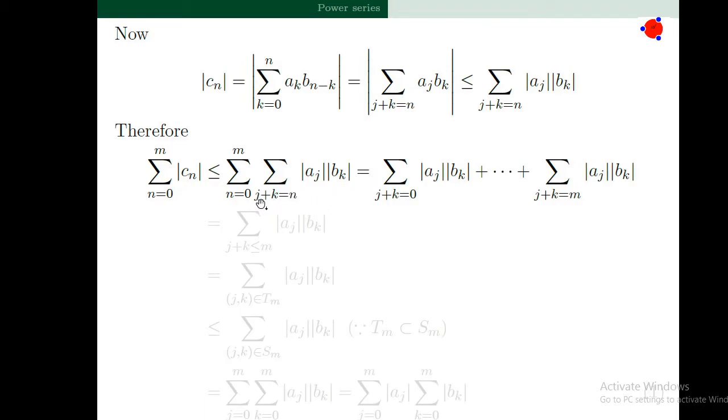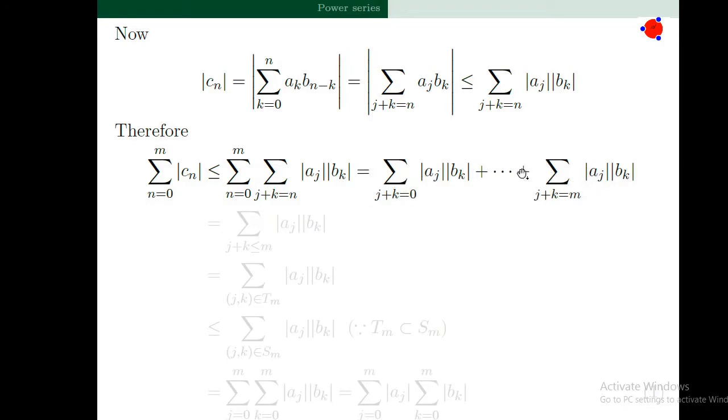Here the summation runs over all j and k such that j plus k is n. This can be written as summation mod aj bk, where the summation is over all j and k such that j plus k is equal to 0, plus 1, and so on, up to m.